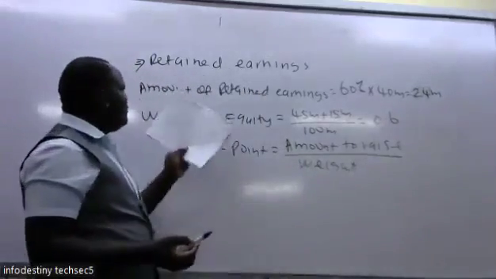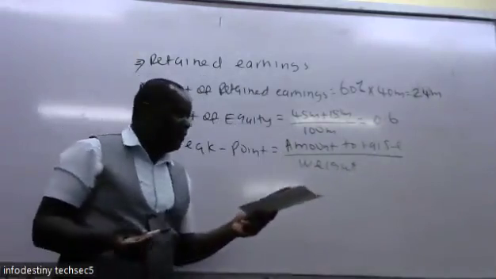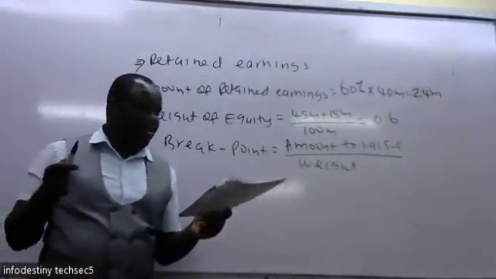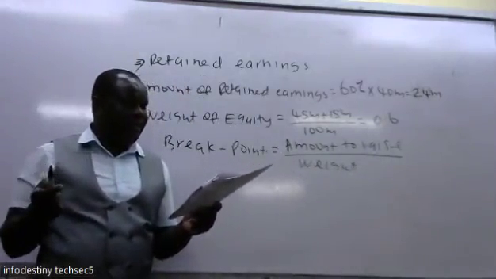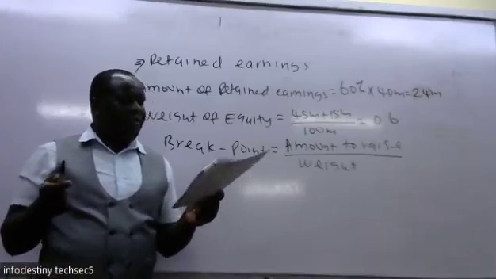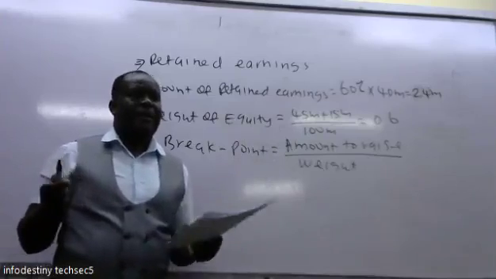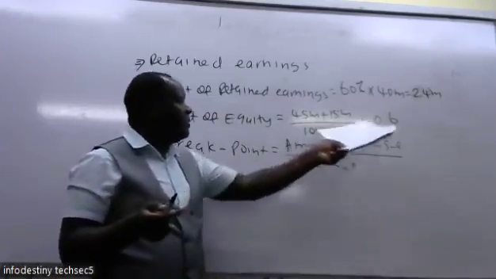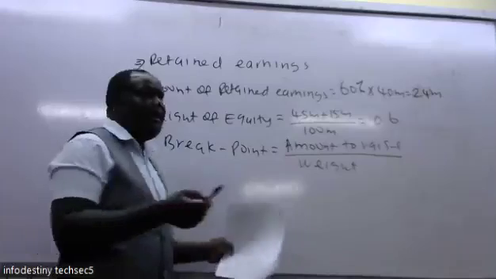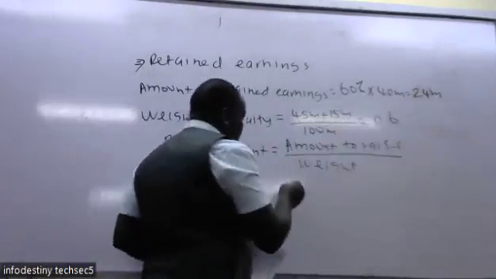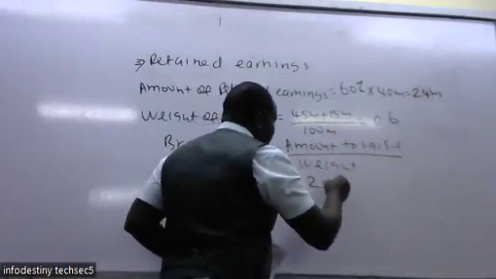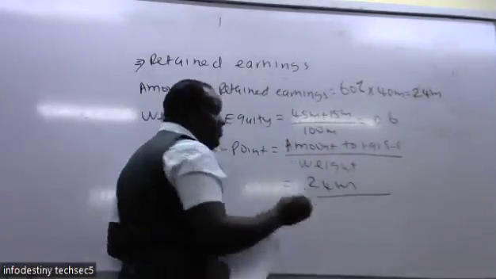So for the amount to raise from the retained earnings, you go under note number 4, where they say that equity capital should utilize all available retained earnings. So we take the full amount that we have calculated for the retained earnings, which is 24 million, as the amount to raise.